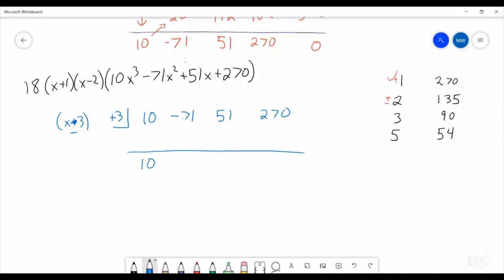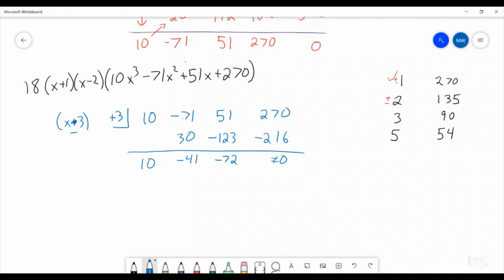So 10 times 3 is 30. That becomes a minus 41, minus 123. That is negative 72 times 3, which is negative 216, which is not 0, so positive 3 didn't work.